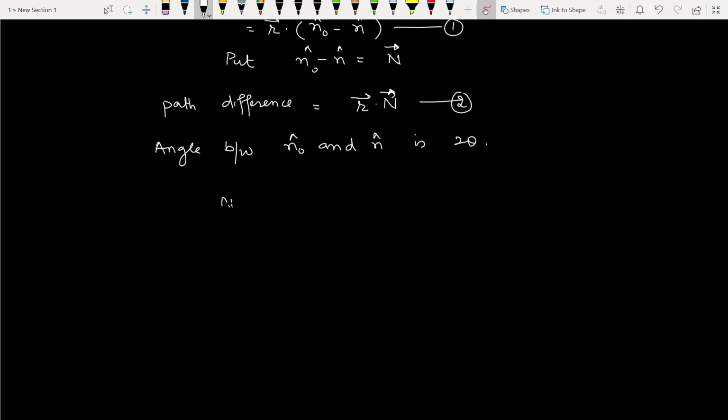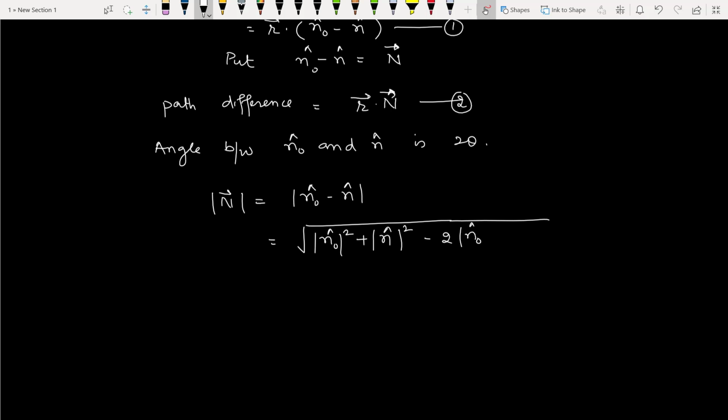So the magnitude of n vector can be obtained by using the simple parallelogram law for 2 unit vectors, which is magnitude of n naught cap square plus magnitude of n cap square minus 2 magnitude of n naught cap and n cap cos 2 theta. As it is a unit vector, its magnitude will be 1.